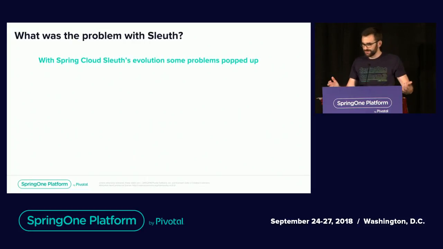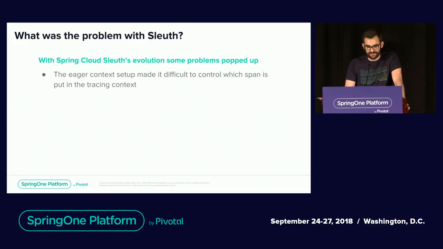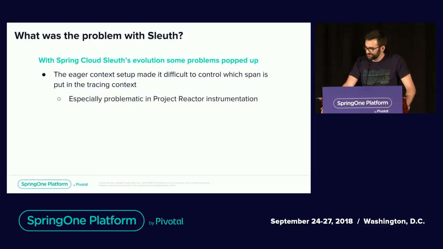Yeah, so Spring Cloud Sleuth evolved, right? We did quite a few things. And then it turned out that putting spans into the context eagerly is not a good idea for various reasons, one of which is Project Reactor.